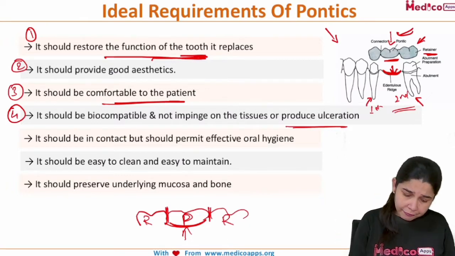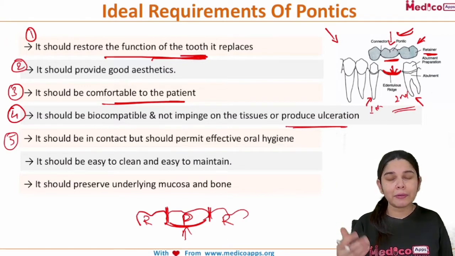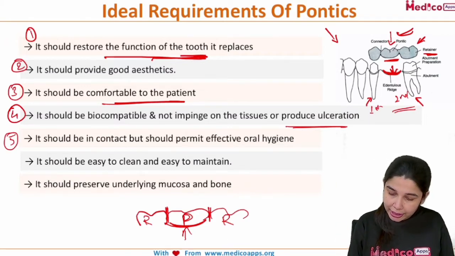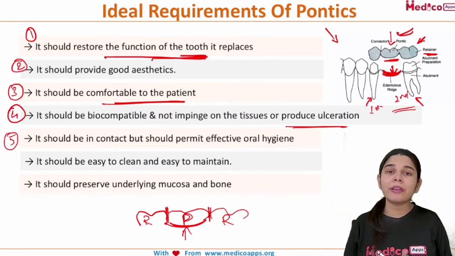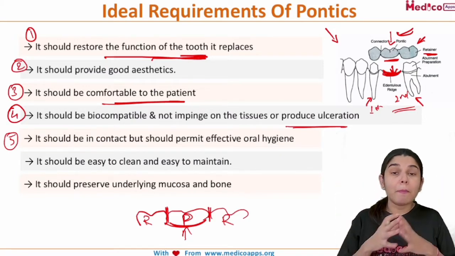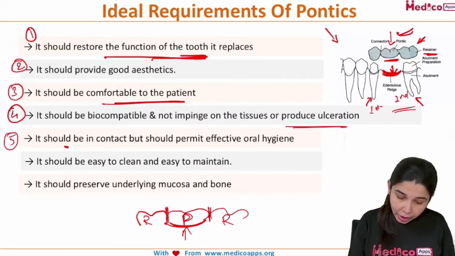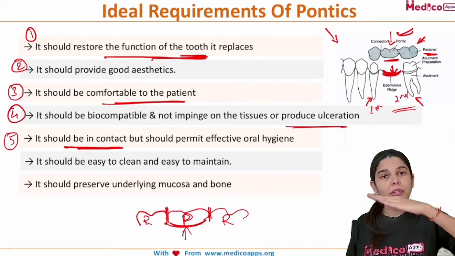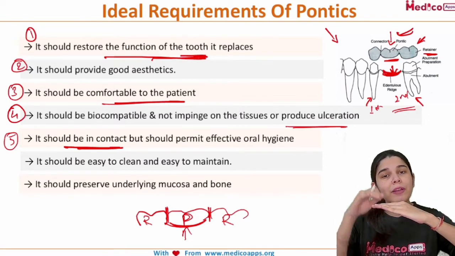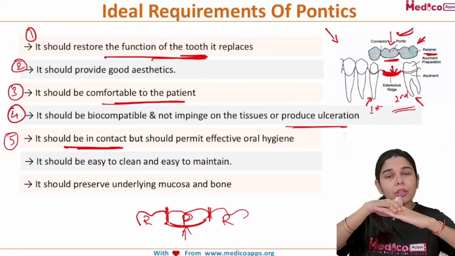After that, the fifth important ideal requirement is that it should be in contact. That means it should sit on the edentulous area where we are giving this prosthesis. First of all, you need to understand that it should be in contact with the mucosa. If this is the edentulous space where we are putting this Pontic, it should just be in contact with the oral mucosa.